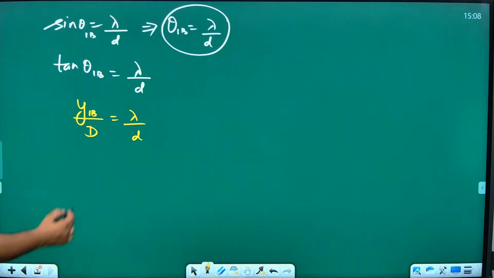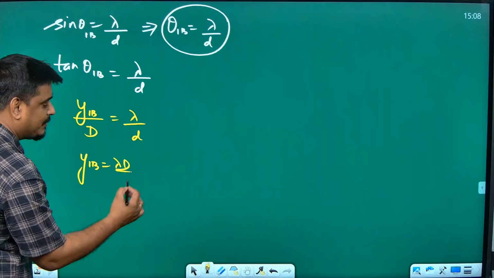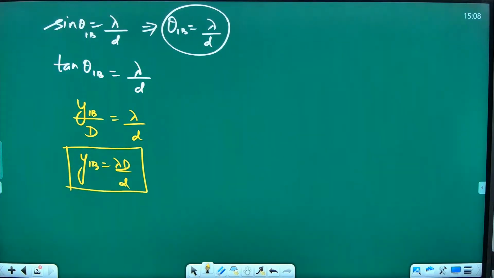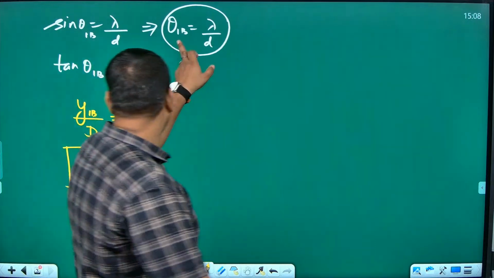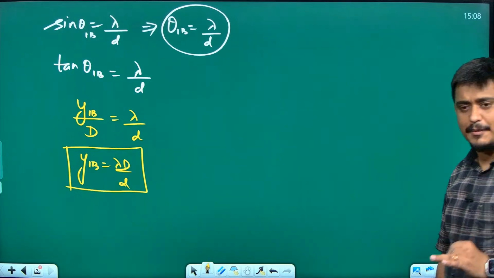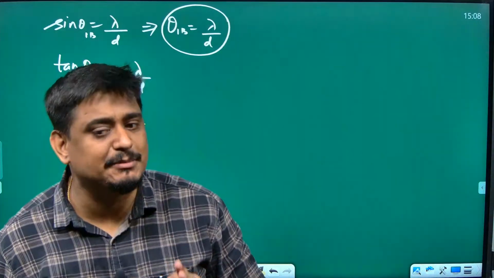From here I get y of first bright as lambda D by d. Angular position of first bright is lambda by d. Linear position of first bright is lambda D by d. Lambda is the wavelength of light. Capital D, distance between slit and screen. Small d, distance between the slits.